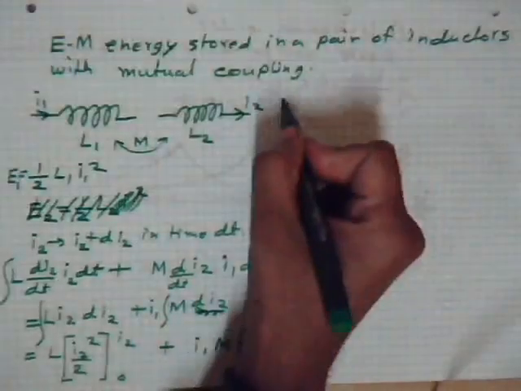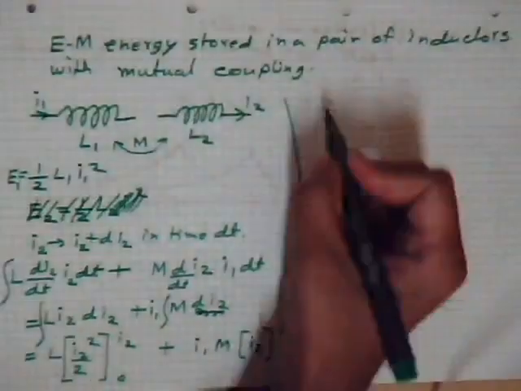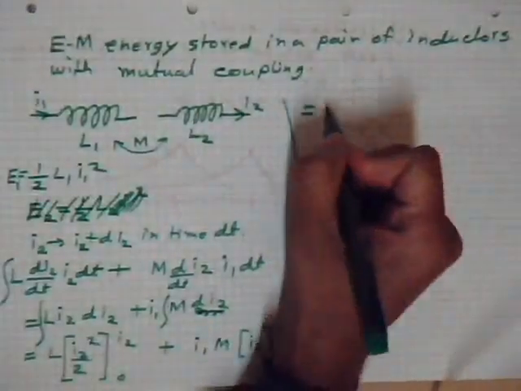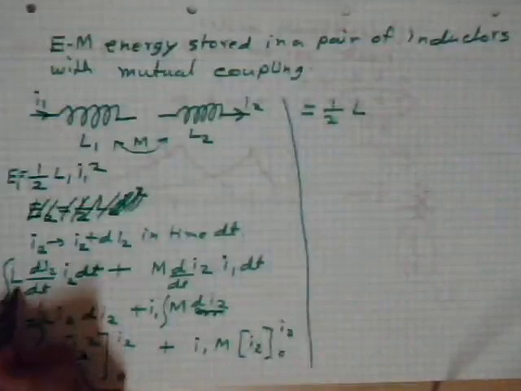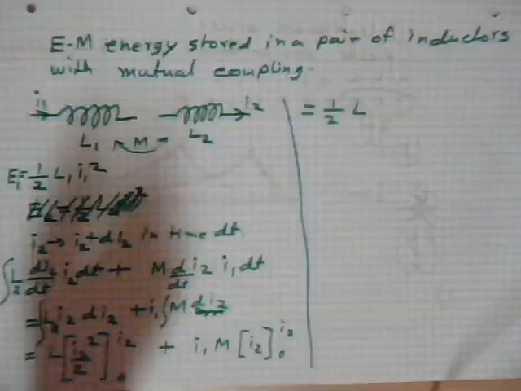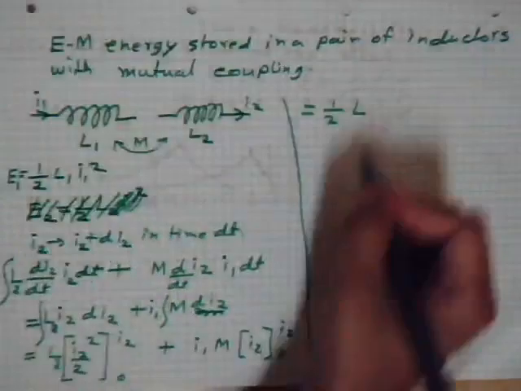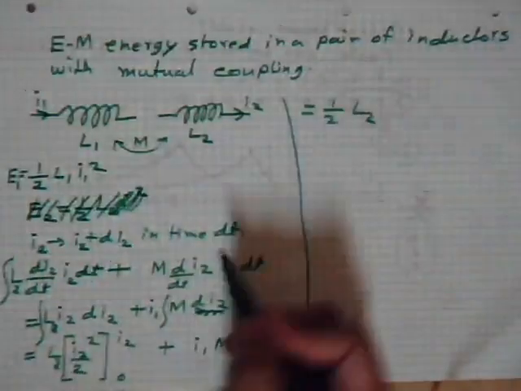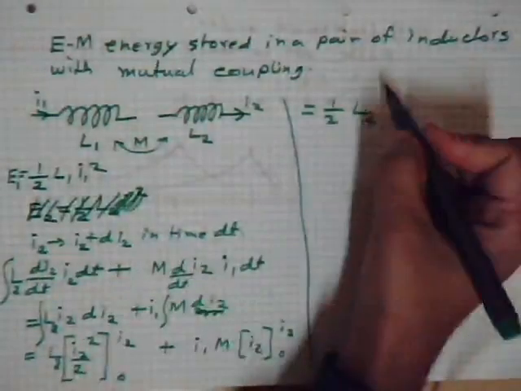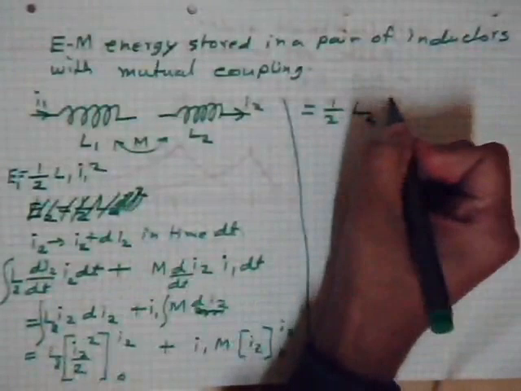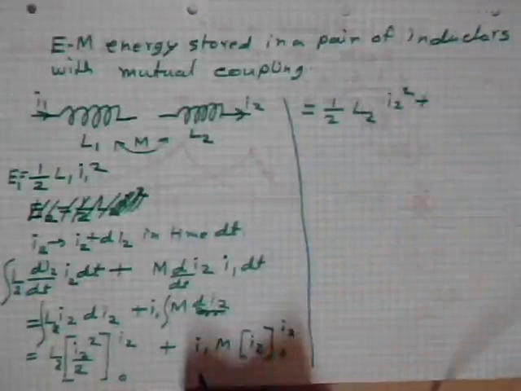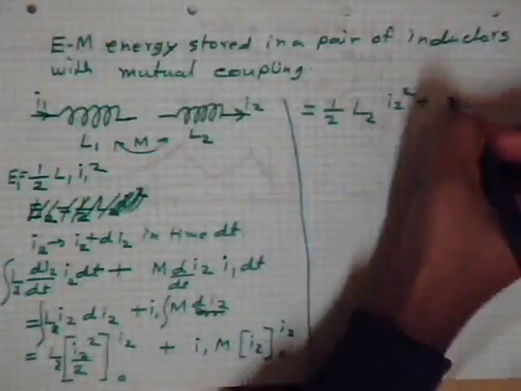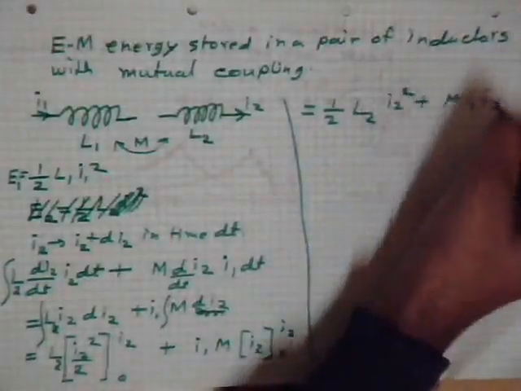Okay, so this then turns out to be half L, this is not L, this is L2 according to my notation, half L2 I2 square plus here I have M I1 I2.